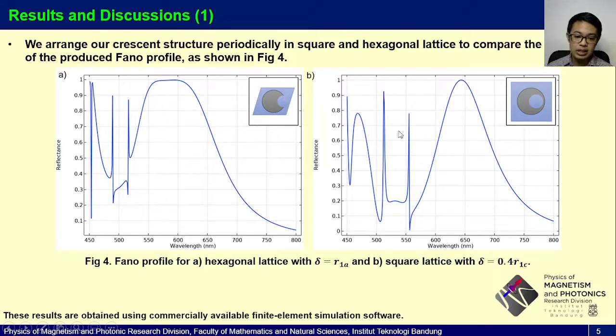As you can see here, both results show Fano profile between 450 until 550 for hexagonal and 500 until 600 nanometers for square lattice. This one is Fano and this one is Fano. Because of the size of the lattice constant, we only consider zeroth order diffraction here.